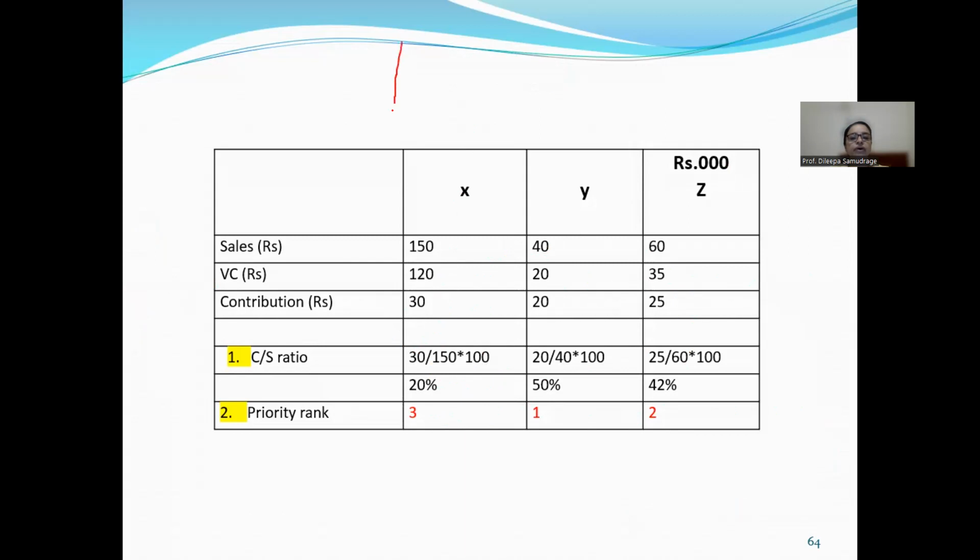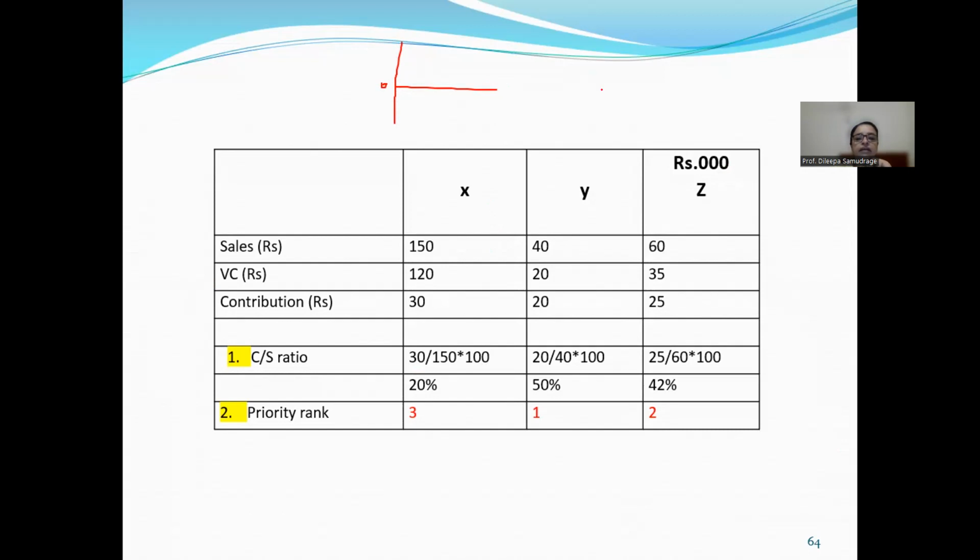So if you draw a graph like this, this is 0, right? So at 0 level, this side sales in rupees. At 0 level, what is your profit or loss? Yes, loss of 50,000.